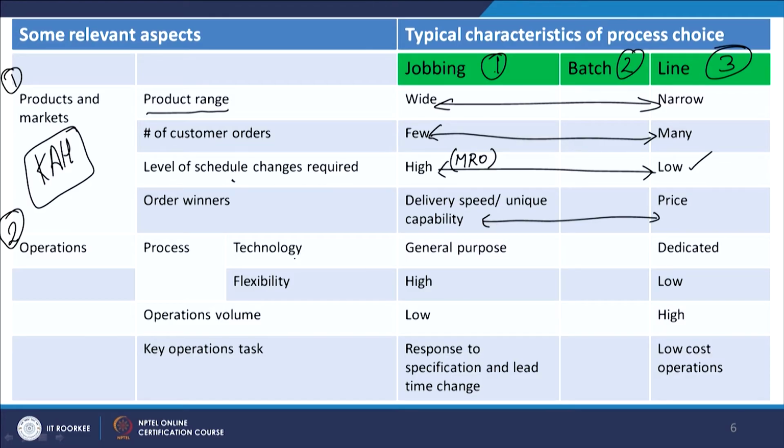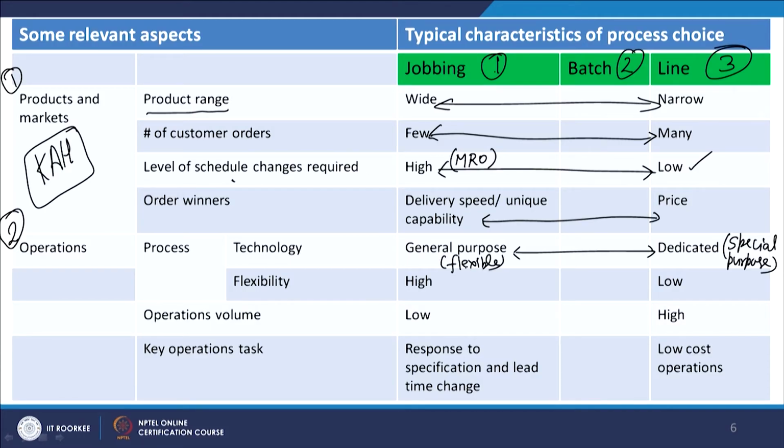So, you have technology, what type of technology you want to take. Now, in technology also you have options which range from general purpose to dedicated. Dedicated are like special purpose, and general purpose are like flexible.